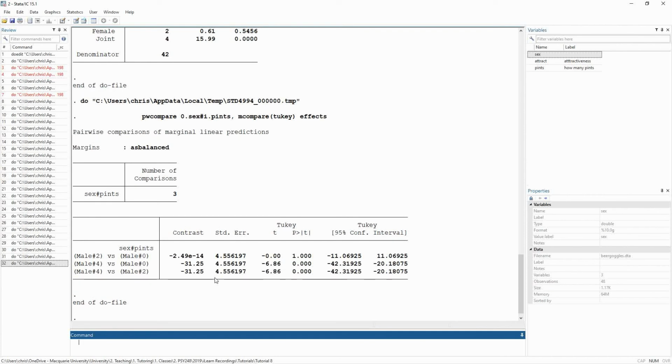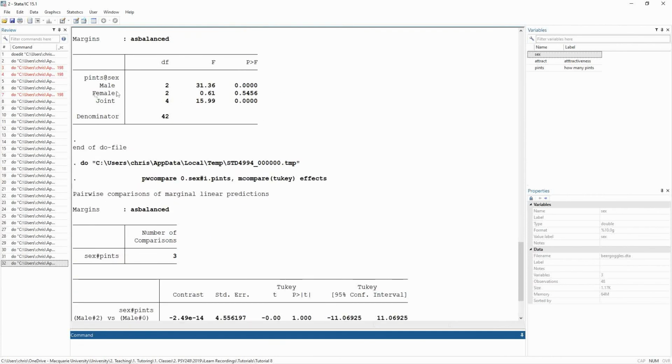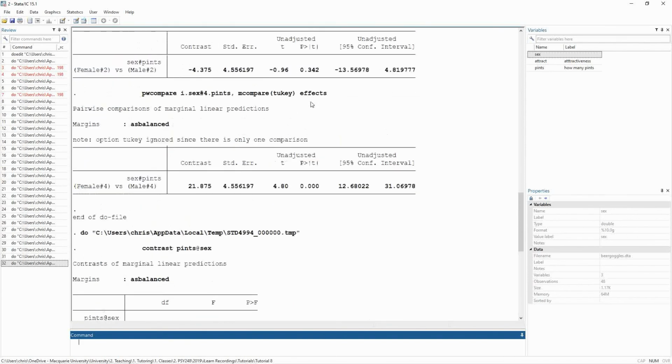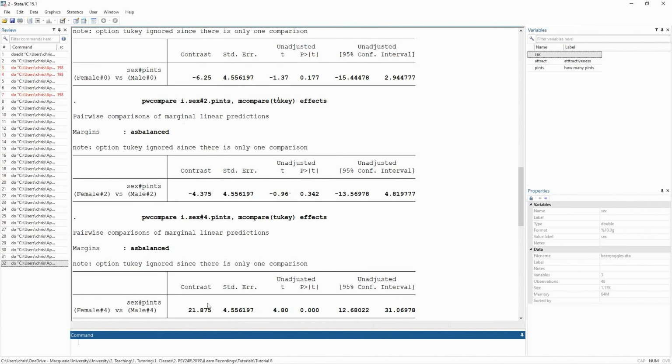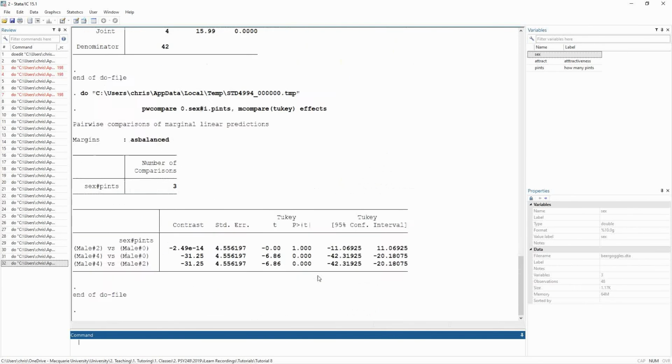And we know for females, based upon this test here, that attractiveness ratings don't change based off alcohol. So if we put all this information together, the gender effects tell us that it's not until 4 pints that we actually get a difference in attractiveness ratings between males and females, and we also know it's at 4 pints that males are dropping off.